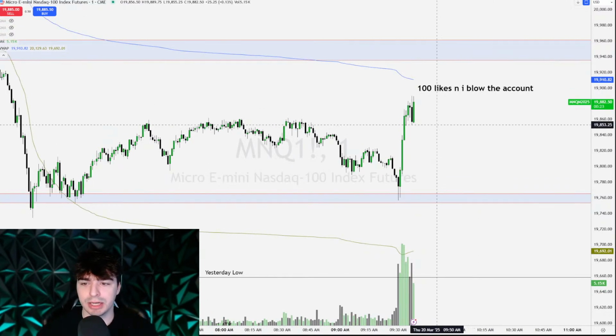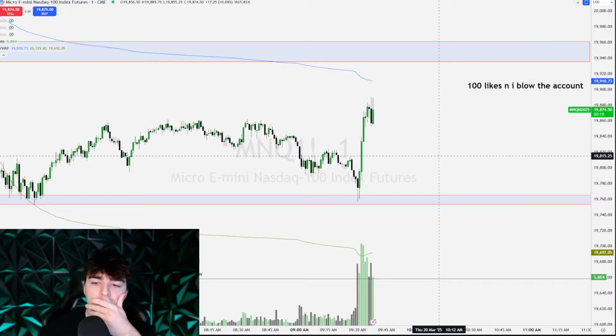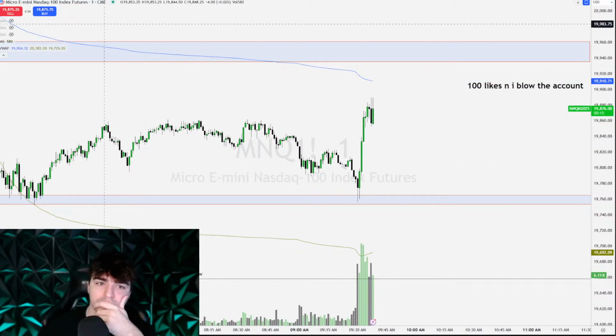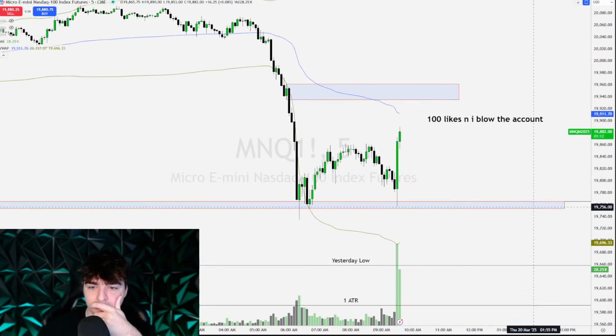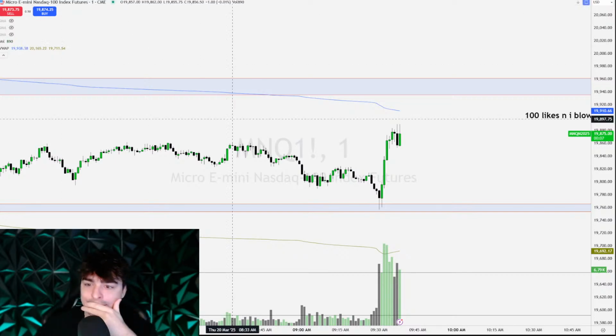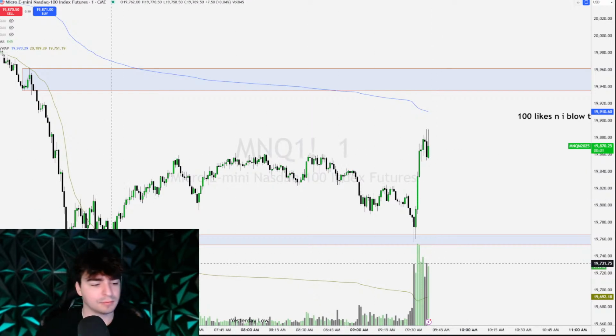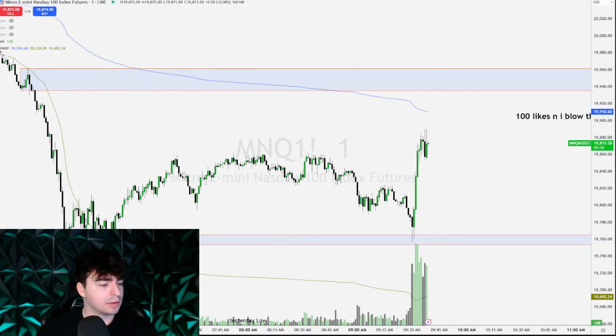All right, NQ pushing higher, getting closer to that VWAP. Come on, NASDAQ. Keep going, straight up.